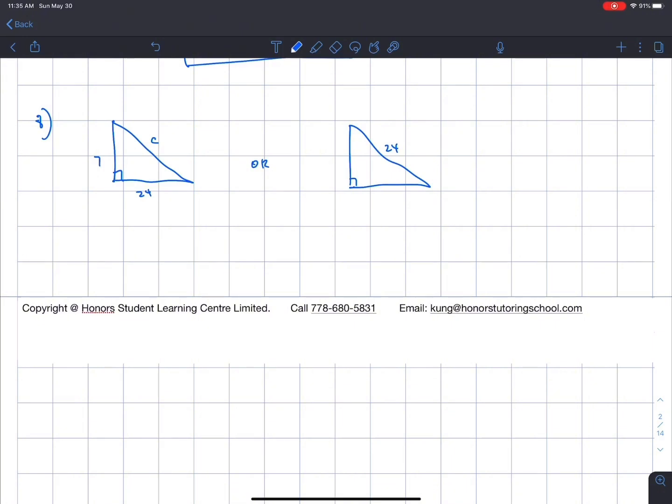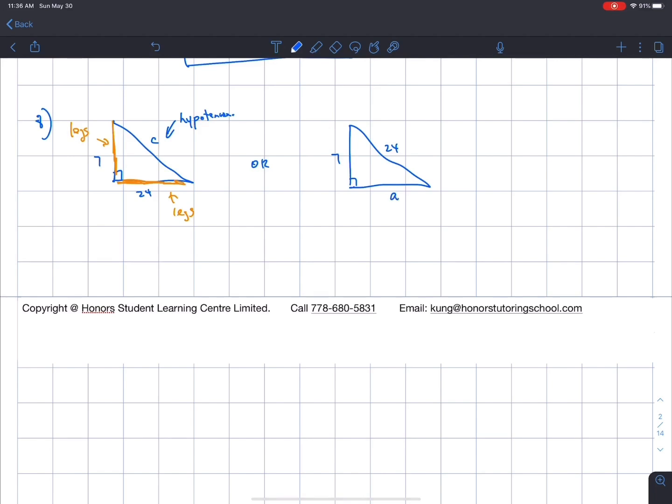You already know the hypotenuse is always opposite to the 90-degree angle, which is C. And the legs are these two. These two are called the legs of a right triangle. Because they only use the word side, we don't know. 24 could be one of the legs or it could be the hypotenuse.